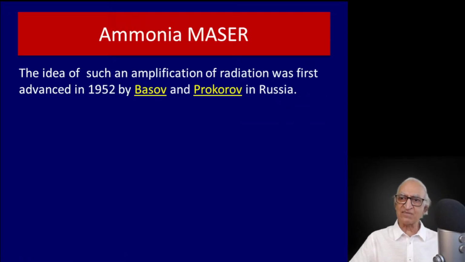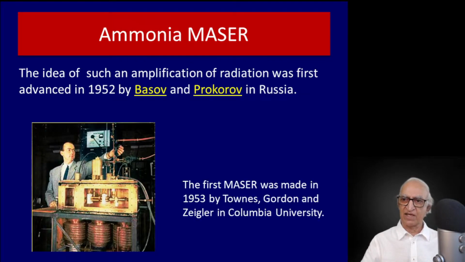Now, the idea of such an amplification was first advanced in 1952 by two Russian physicists, Basov and Prokhorov. In 1953, Charles Townes and Gordon and Zeiger at Columbia University in New York made the first ammonia maser.